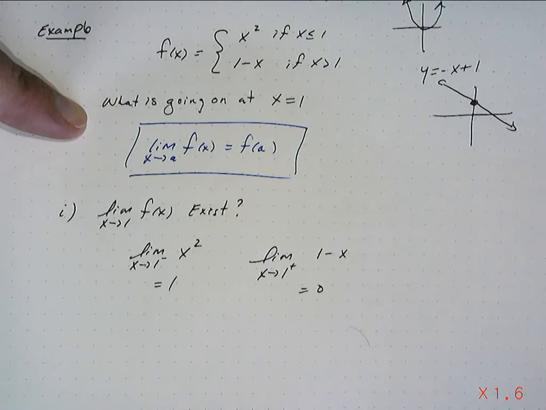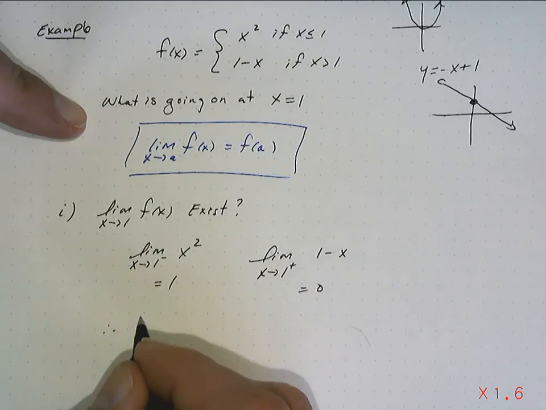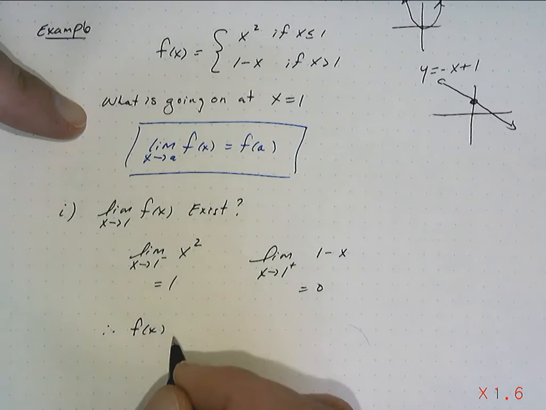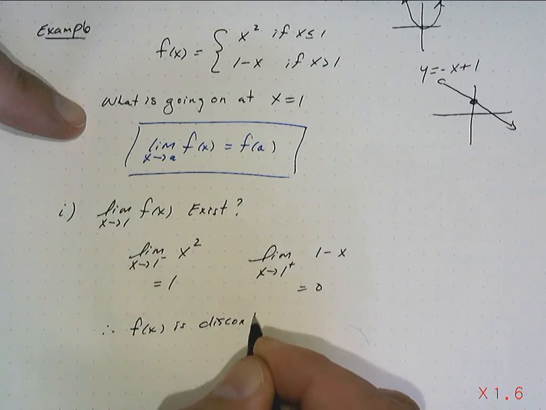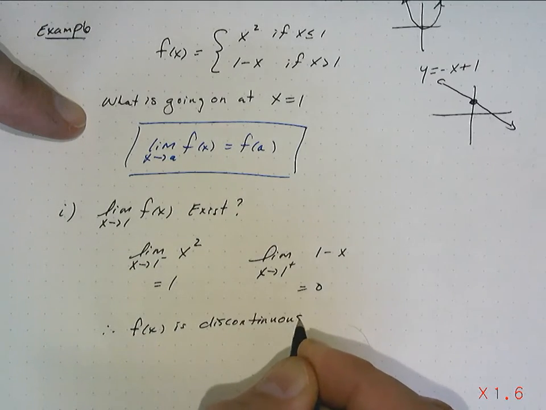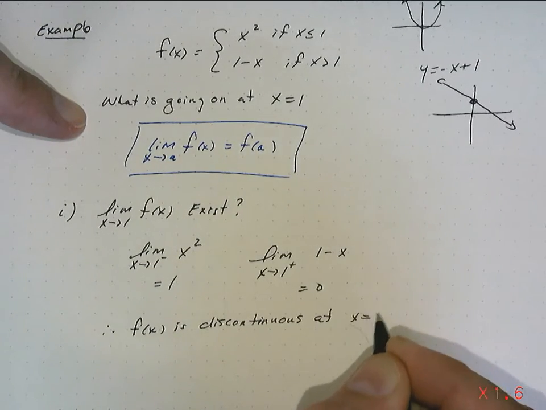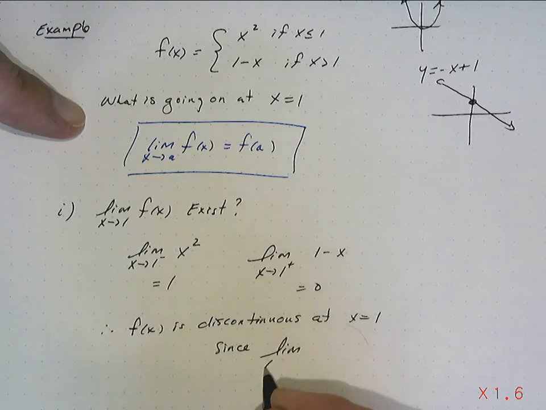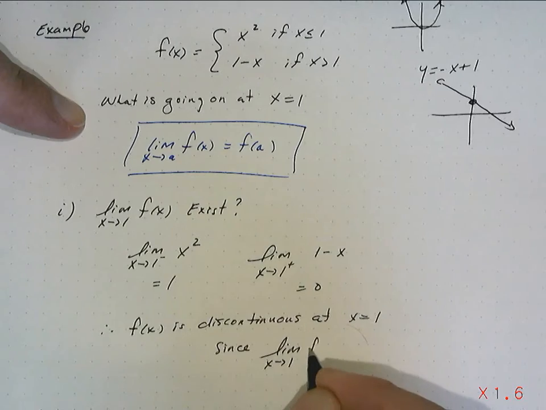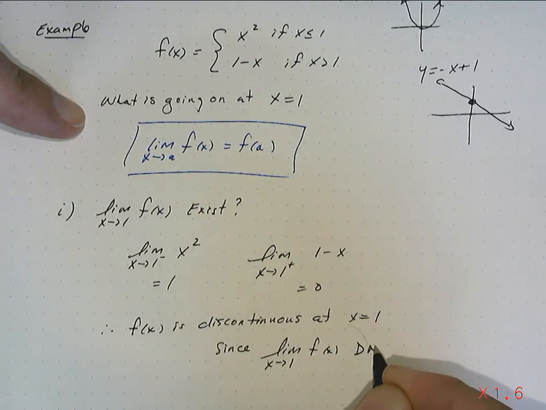So what does that mean? And you're done. Therefore, f of x is discontinuous at x equals 1, since the limit as x approaches 1 of f of x does not exist.